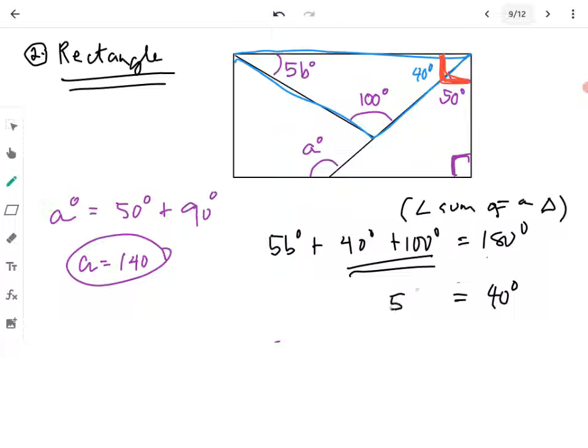That equals 5B degrees. So dividing by 5, B is actually 8. So yeah, you're done. The good thing about geometry is that it may allow us to have really multiple methods and solutions.